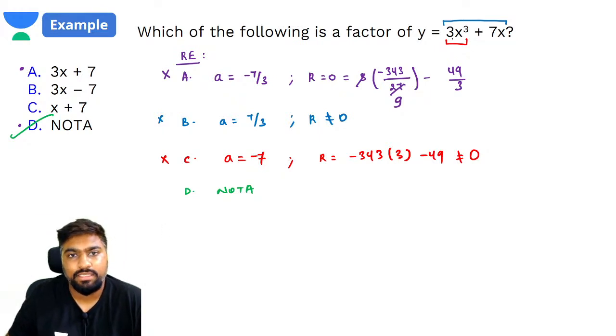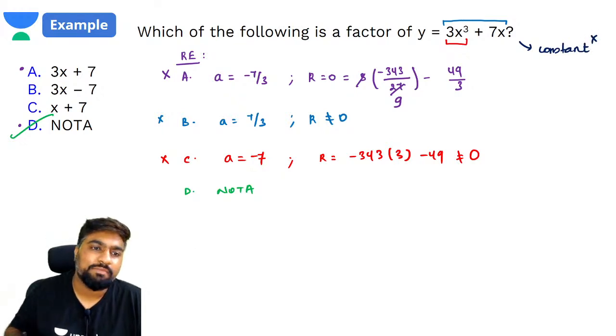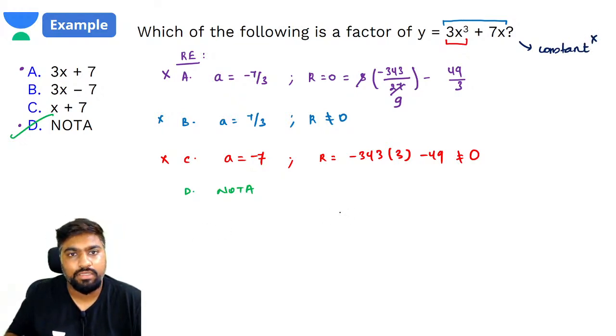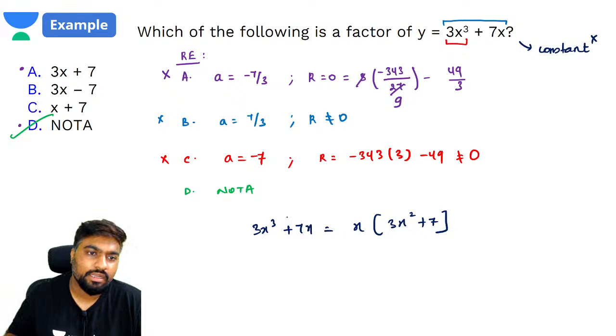Since this expression does not have a constant, यहाँ पे कोई constant नहीं है, तो इसमें factors निकालना थोड़ा सा simple है, right? It's a little simple. So you can write 3x cube plus 7x as x times 3x square plus 7, है ना?